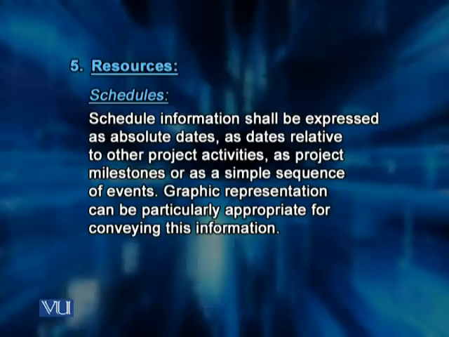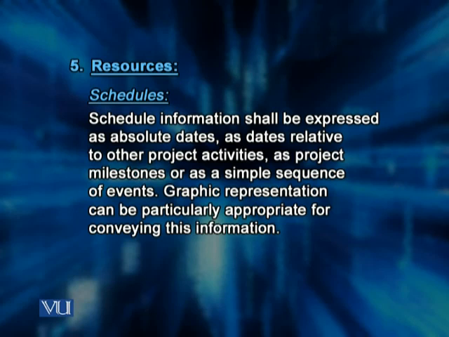Schedule information shall be expressed as absolute dates, as dates relative to other project activities, or as project milestones, or also as a simple sequence of events. Graphical representation can be particularly appropriate for conveying this information.